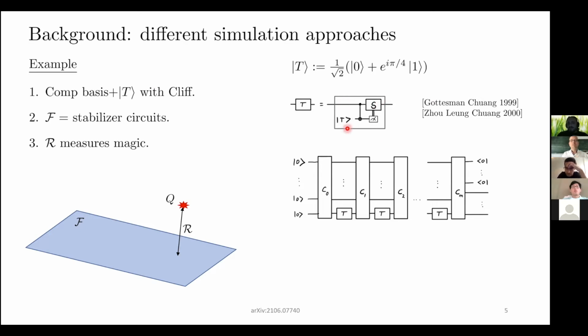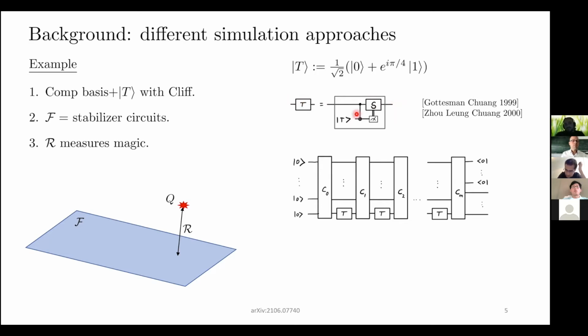And this gadget adds an ancillary qubit initialized in the T state. You do a controlled NOT operation, then you measure, and conditioned on the measurement outcome, you apply a phase gate. So if the measurement outcome is 0, do nothing. If it's 1, apply a phase gate. And if you do that, then the input state gets a T gate applied to it. So it's exactly the same as a T gate.